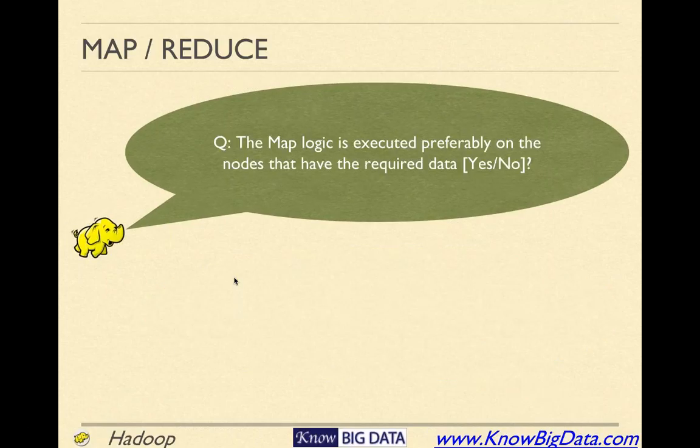All right. Next question to everyone: the map logic is executed preferably on the nodes that have the required data. Yes or no? Good. Good going so far.